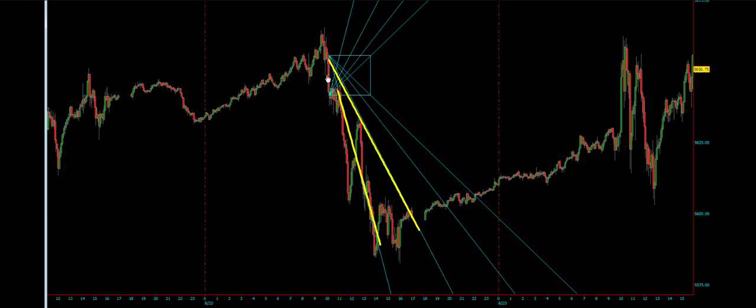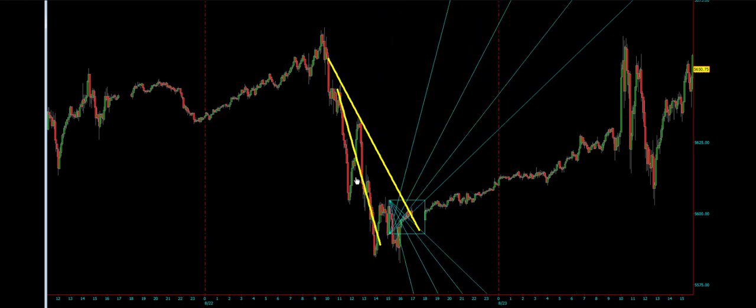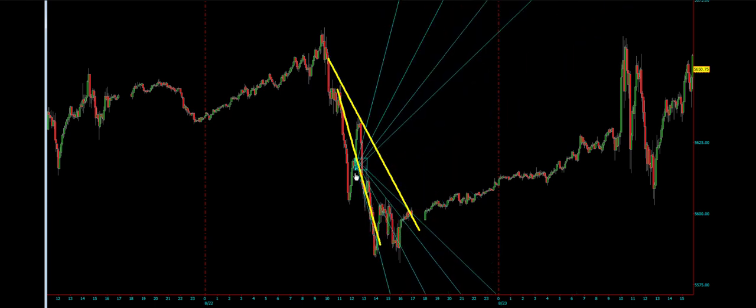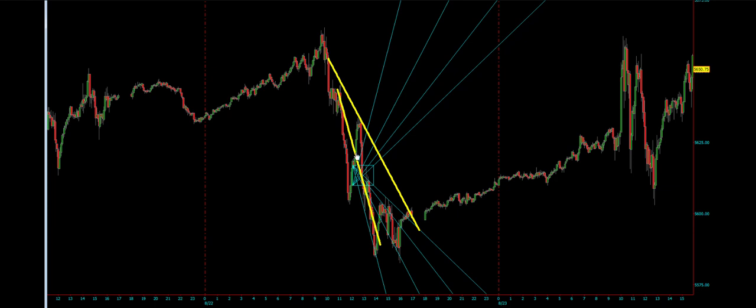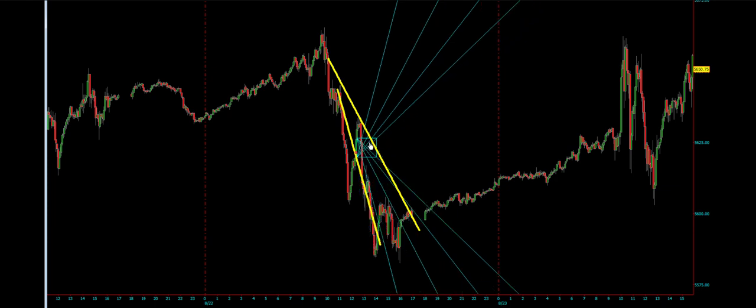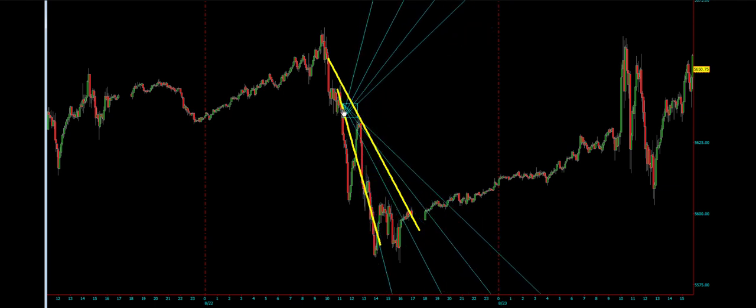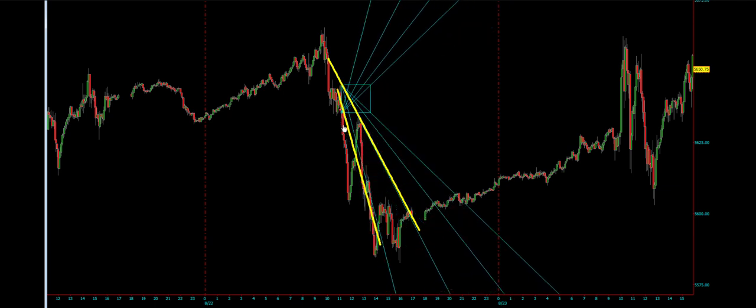Then you move it down here, up moving angles, big bar is here, big bar is here. So the same angle is coming down, and this is going to break. This is a pullback, so this is already a very strong location. It is also retesting the square of this break and retest of the square on the other side. So a lot of things came together here, confluence, and with practice you can know very quickly what's going on.